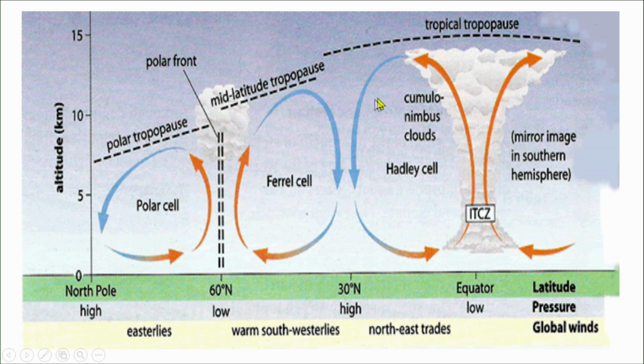So, because of this kind of pressure, it leads to the development of wind and current. This is a classic example where this kind of cellular form of wind circulation happens from the equator to the polar regions.